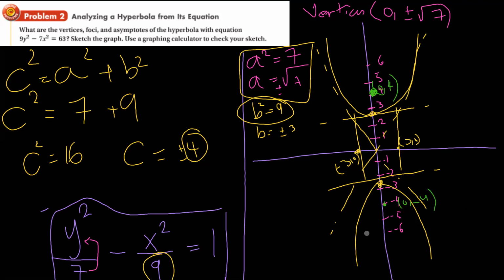So by now, we found the vertices and the foci. Its coordinates are 0, 4, and 0, -4. The last thing he asked me about is the asymptotes. What do I have to write now? Let's write here.